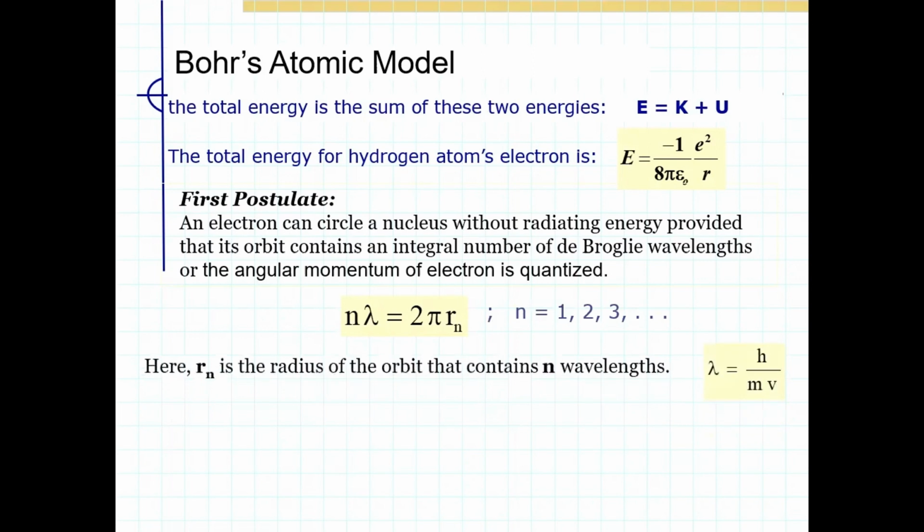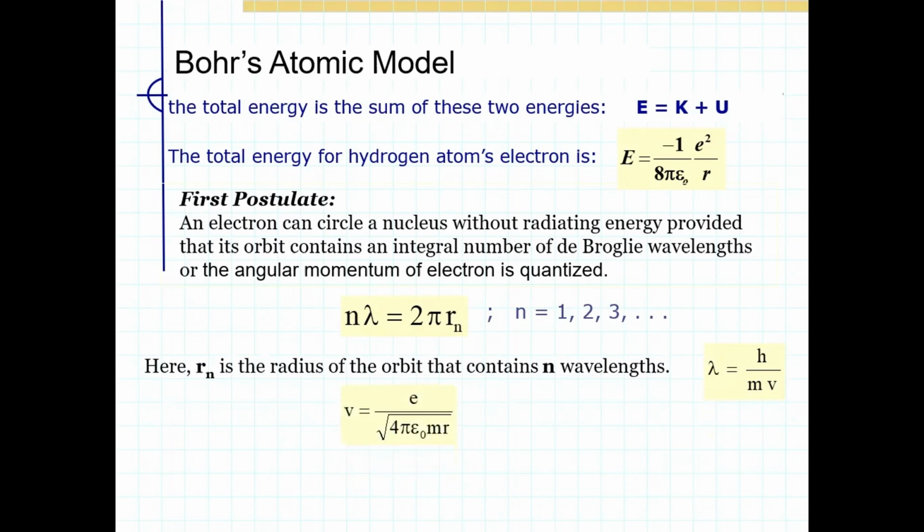And this postulate is a very strong indicator that we are now incorporating the particle and wave duality in one picture. r is the radius of the orbit, and it contains n wavelengths. Therefore, lambda is equal to h divided by m into v. According to de Broglie, the momentum is m into v, and h is the Planck's constant.